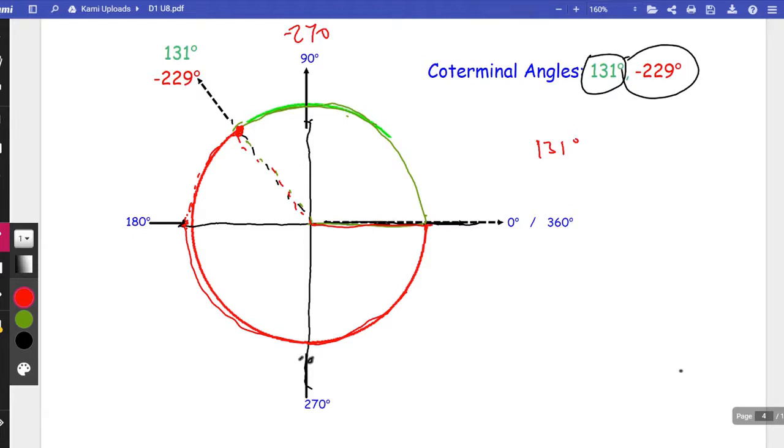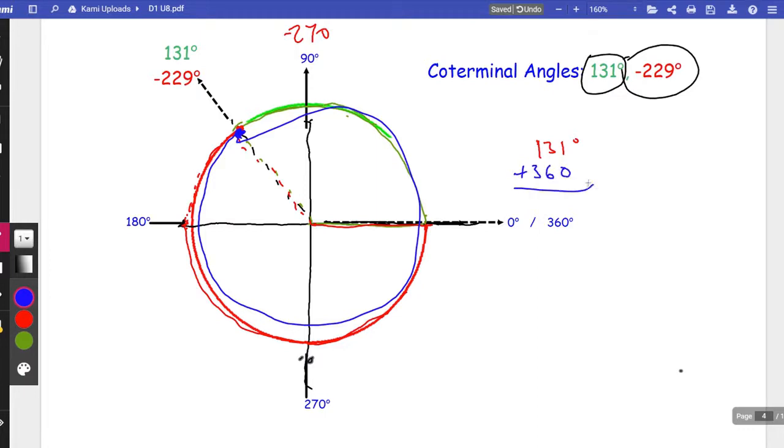Because if you think about it, if you're at one spot, right here, and then suddenly you decide to go 360 more degrees from here, you're right back where you were. That's a full circle. So if I added 360 degrees to this, this would be 491.